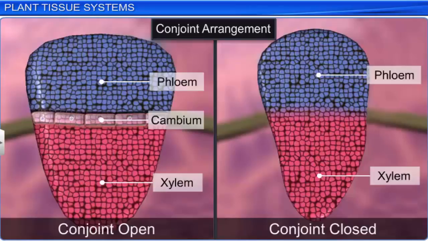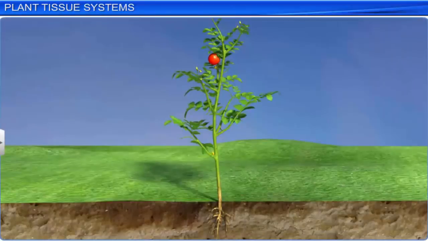The conjoint vascular bundles usually have the phloem located only on the outer side of the xylem. In the conjoint open arrangement, the cambium is present between the xylem and phloem, while in the conjoint closed arrangement, the cambium is absent. The plant body has an intricate arrangement of various tissue systems that aid its growth and development.